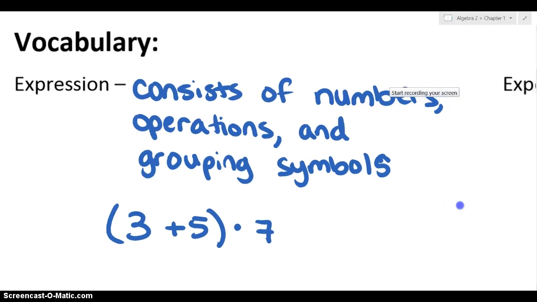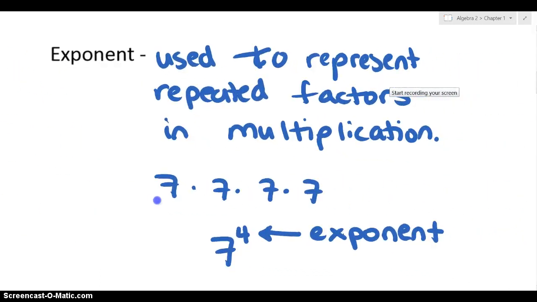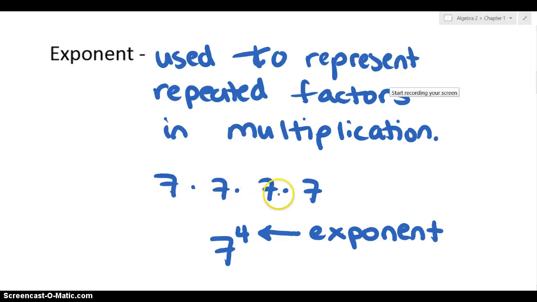And then we're going to go into a quick definition of what are exponents. Well, exponents are used to represent repeated factors in multiplication. For example, if I wanted to say 7 times 7 times 7 times 7, I really wouldn't continue on repeating that. I would just say 7 to the fourth power.